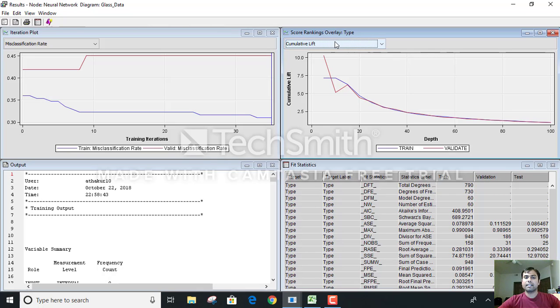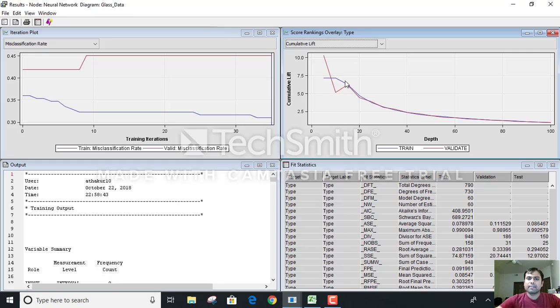Now these explain our fourth concept of evaluation. Basically this gain and lift curve is used to evaluate the effectiveness of our model. And unlike the confusion matrix, this cumulative lift and gain curve is used on a portion of the sample of data instead of the whole sample.